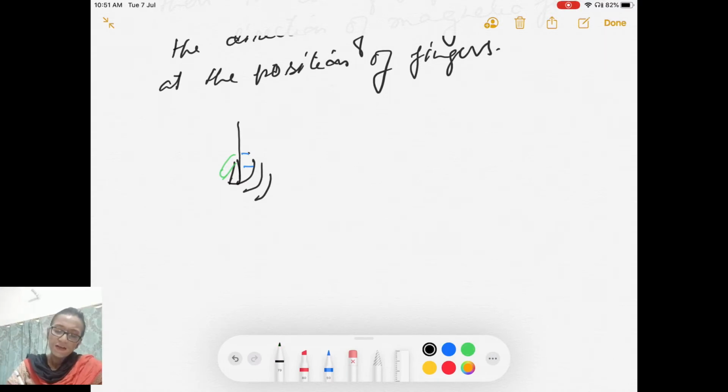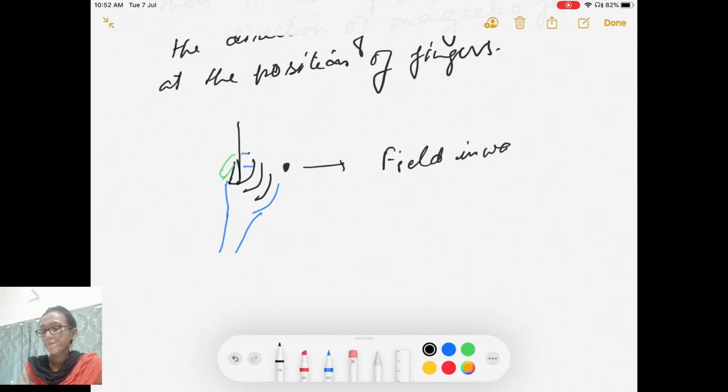This is your current carrying wire, and here you have the hand. So at this point the magnetic field is inward, as the finger is going inward.